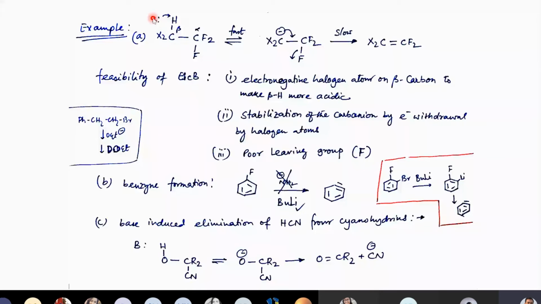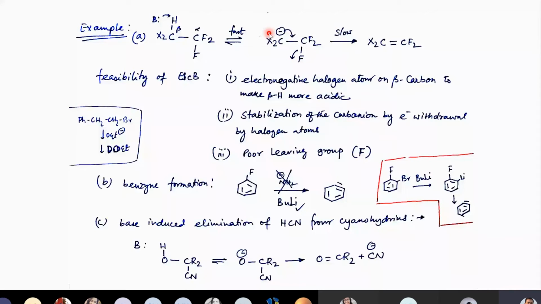Only then can the base take up this proton first to form this negative charge. So the first criterion is that the acidity of this beta hydrogen has to be very high. Second, the negative charge which forms here has to be stabilized. So you need some stabilizing group either here or here. And third, the leaving group ability should be very poor. Only then could this intermediate form.